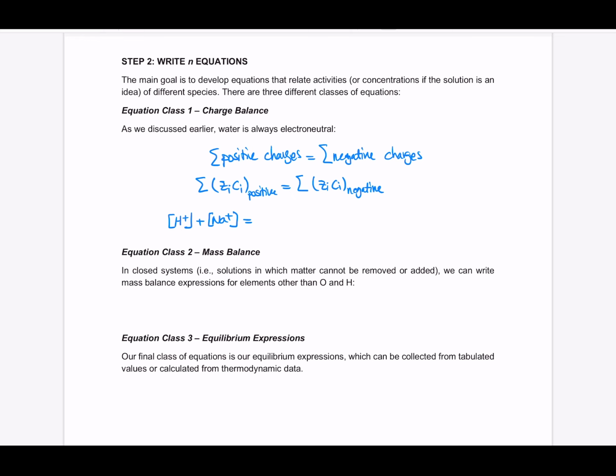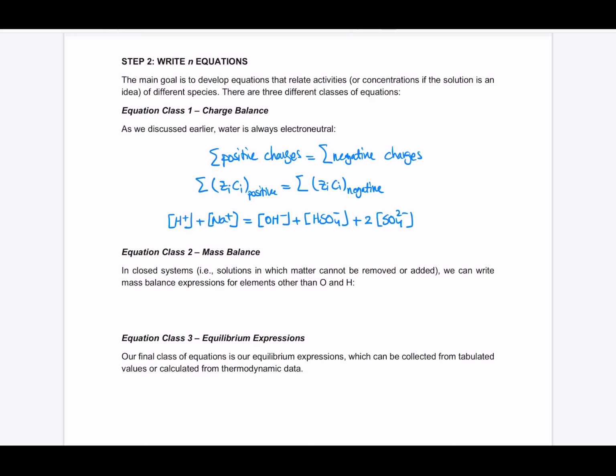Not really. What is the negative? Always start with OH minus. What else? Exactly. 1 HSO4 minus, but 2 SO4 2 minus, because that's the Z factor.